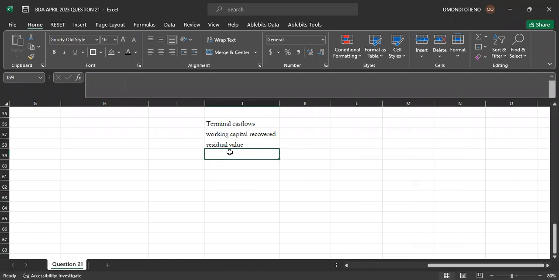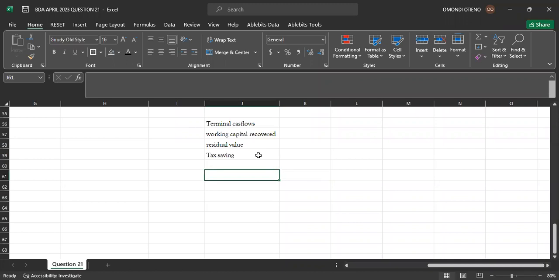So we have now tax benefit or tax saving. Tax saving becomes a terminal cash inflow if there is a capital loss on the amount that they are going to receive when they dispose of their asset compared with the net book value.